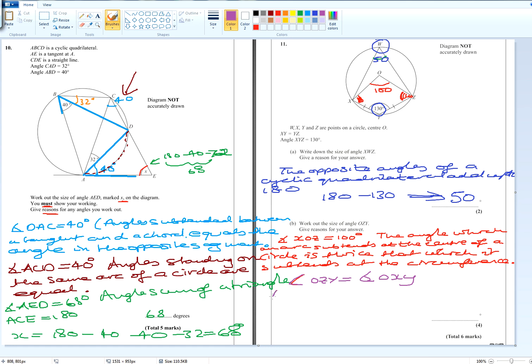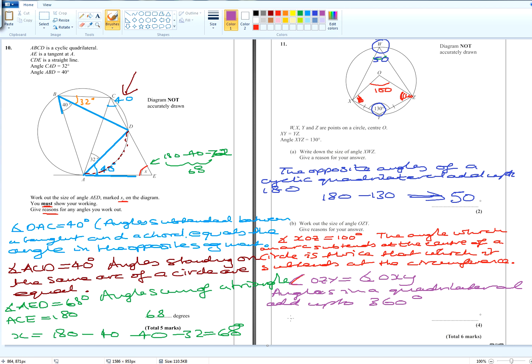Okay, and we say the angles in a quadrilateral add up to 360.